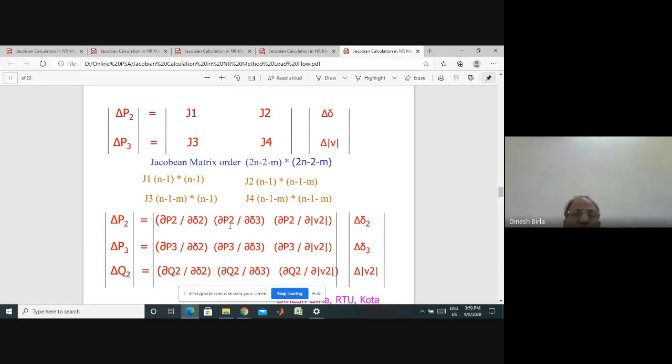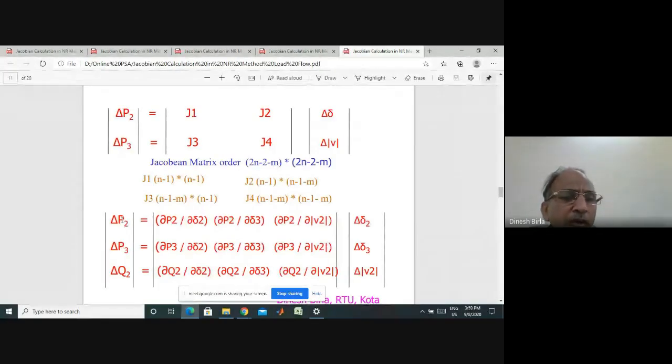To be very simple, in the Jacobian, the first row is a small change in the active power with respect to all the unknown parameters. So it's simple.